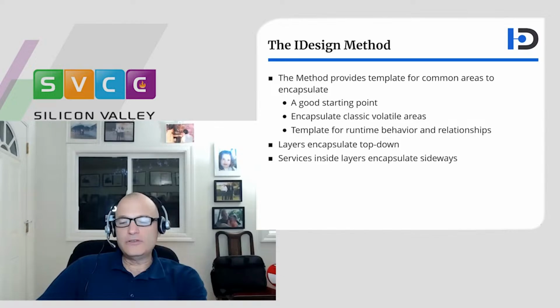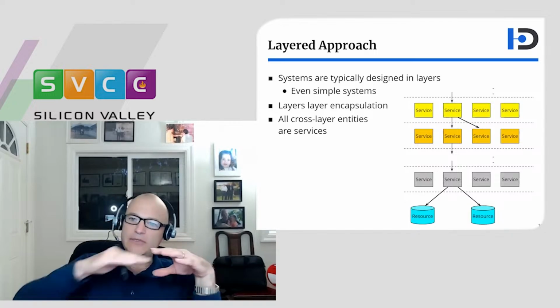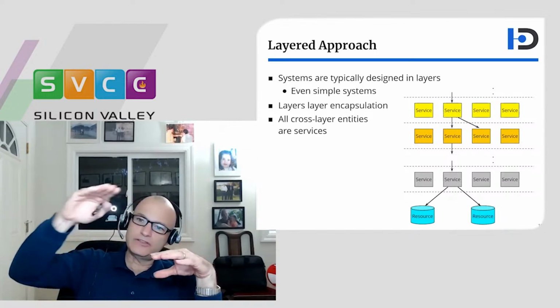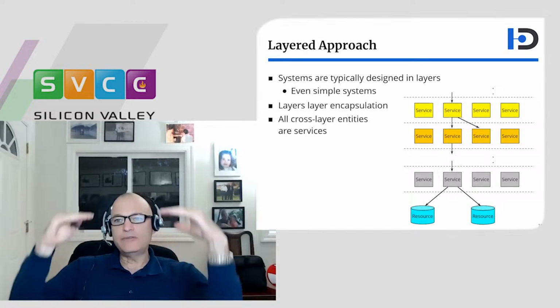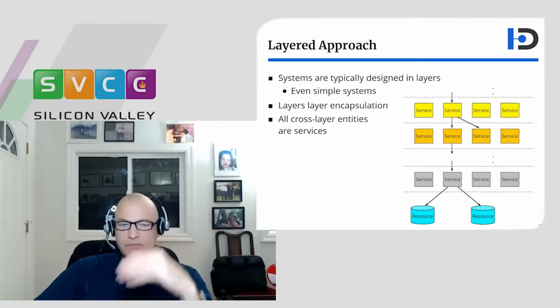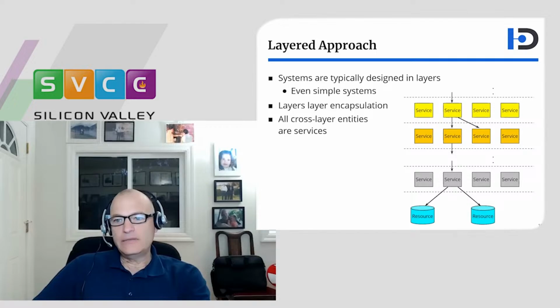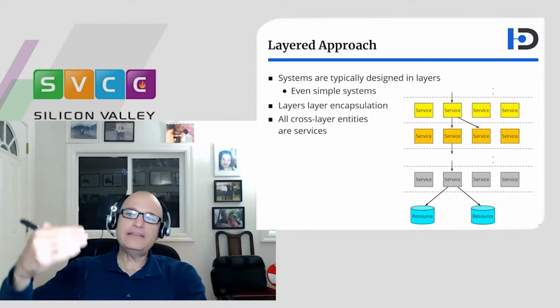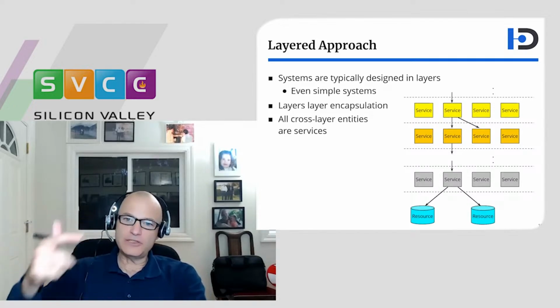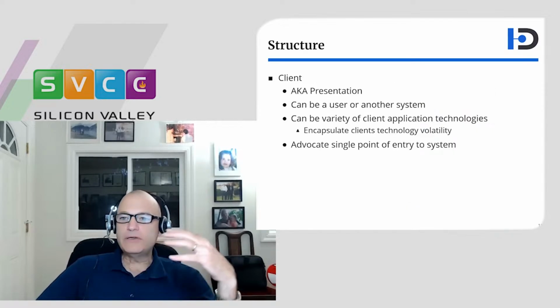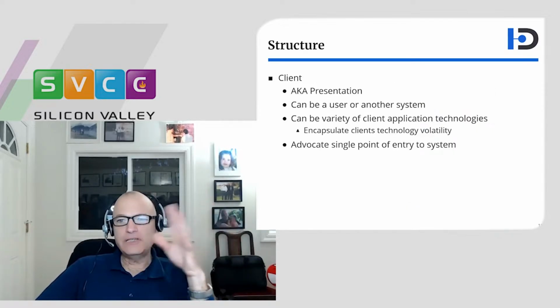The first thing to also observe is that good systems are designed in layers. And the reason we like to use layers is because layers provide encapsulation. Each layer encapsulates from the top what happens below. Now, the method gives semantics for the layers and identifies what is going on. The top layer, we call it the client. Sometimes you hear the term presentation.